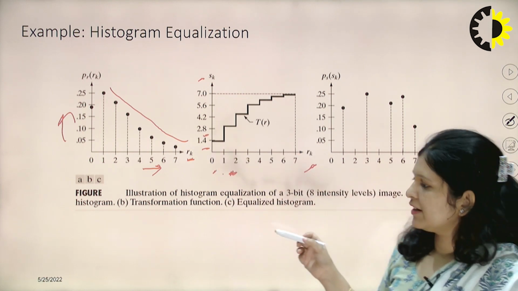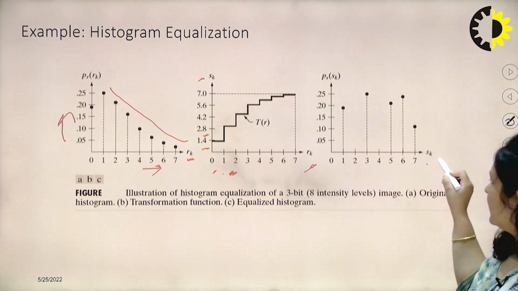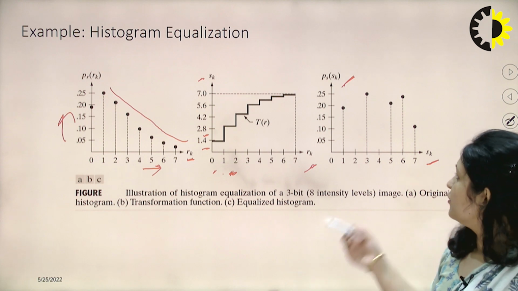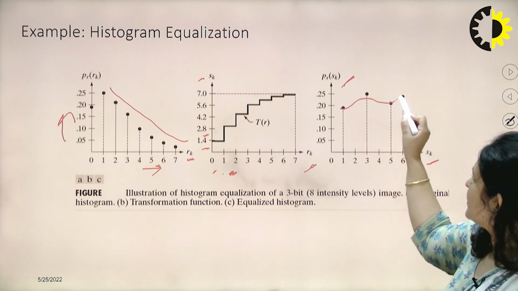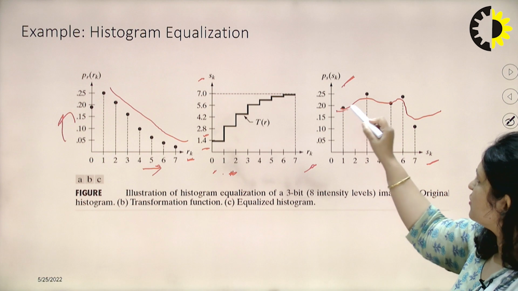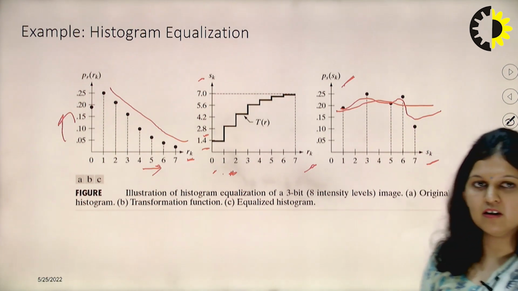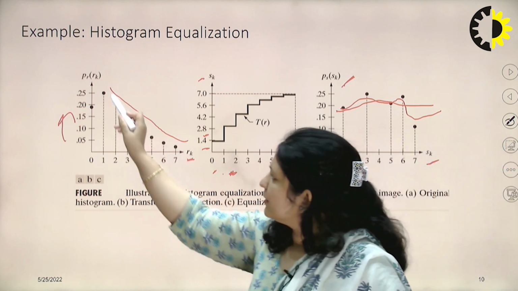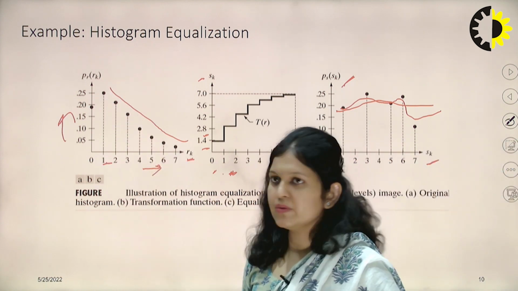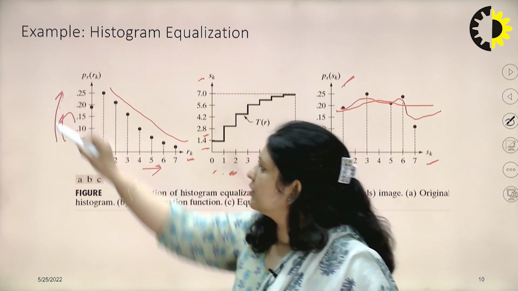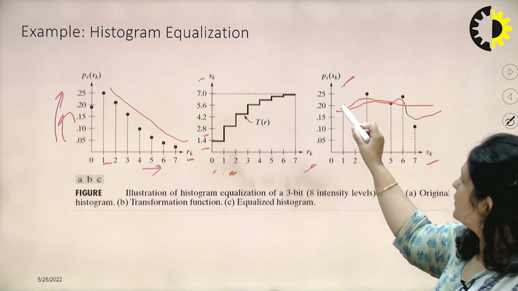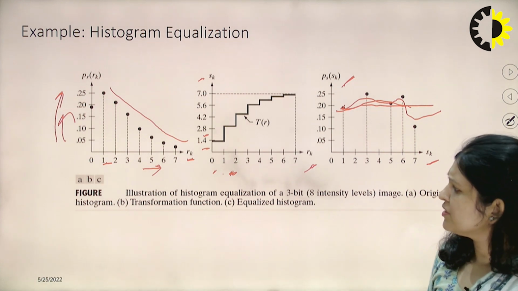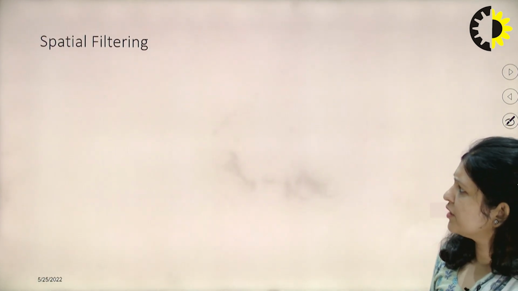Now if I find the plot for Sk with respect to the probability of S of Sk, you can see that the distribution is almost equal. It's not exactly equal, but it's almost equal. Here, lower intensity values had a higher distribution, but now we can see that the values are comparatively the same. So this is what we achieve through histogram equalization.